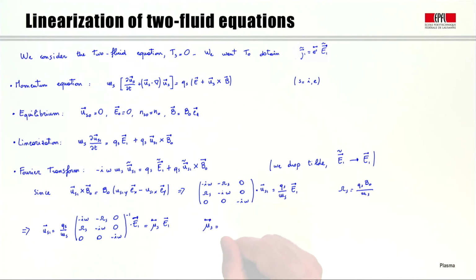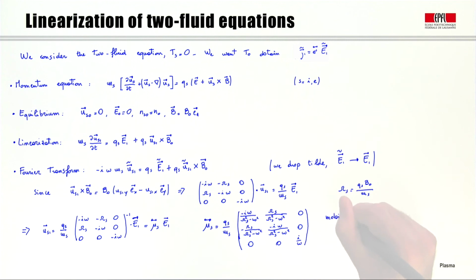If you evaluate the inverse of this matrix, which is a bit boring but feasible, you get omega, minus i omega, omega cyclotron squared minus omega squared, omega cyclotron squared divided by omega cyclotron squared minus omega squared, 0, and so on. And this tensor we will call the mobility tensor, as it will tell us how particles will start to move subject to a certain electric field.